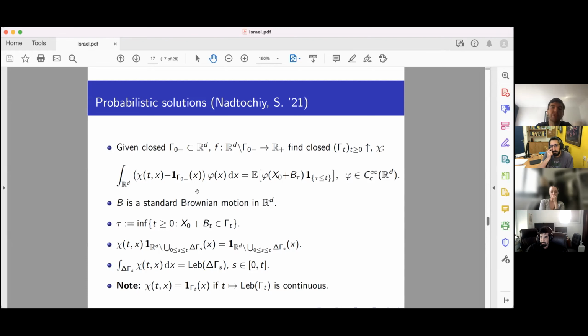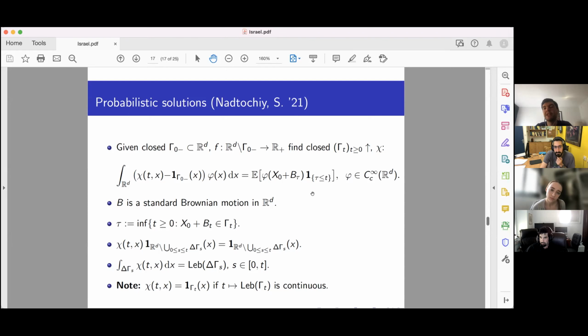Okay, and also, let's think of this function phi, the test function, for a moment as being identically equal to 1, just to get a sense for this equation. So in that case, if phi is equal to 1, we can drop it. And on the left-hand side, what you end up with is the volume of gamma t minus gamma 0. So that's the volume growth of your aggregate, of your ice block.